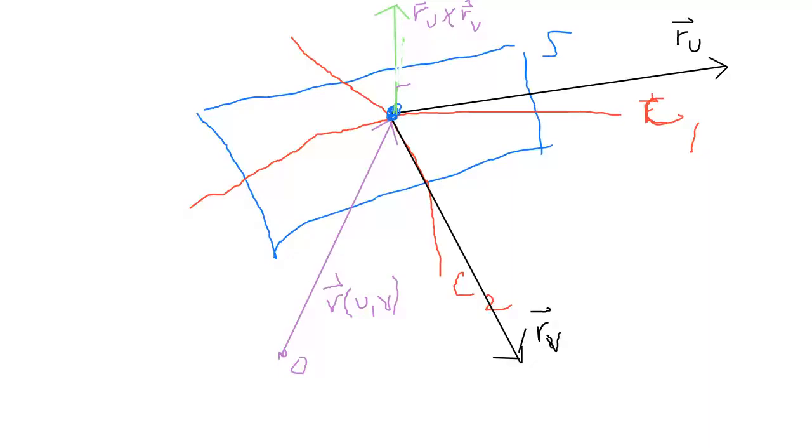And if you want to normalize that vector, if you want to normalize this cross product of RU and RV, you just divide by its magnitude. Okay, are there any questions on this?